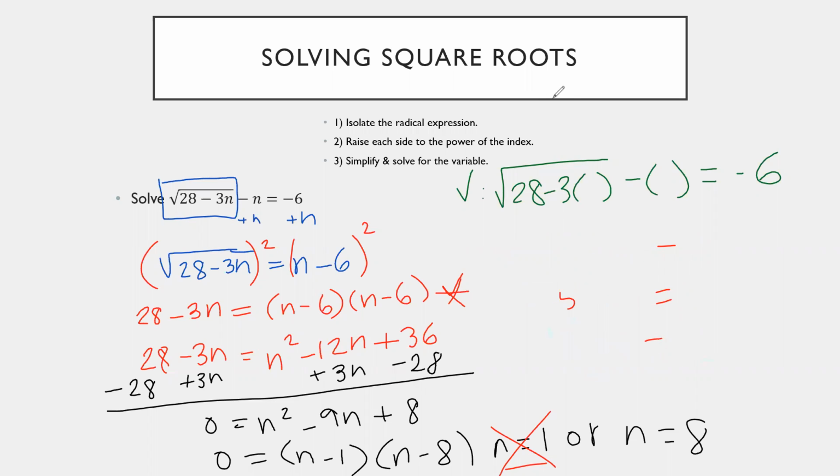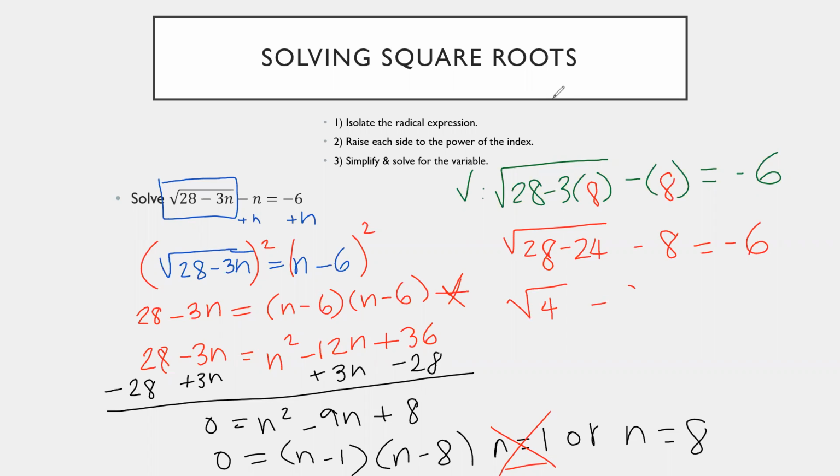Now, let's check n is equal to 8. We're going to plug in 8 into the original problem everywhere there was the letter n. And doing so, this is going to become the square root of 28 minus 24, minus 8 on the outside, is equal to negative 6. 28 minus 24 is 4.